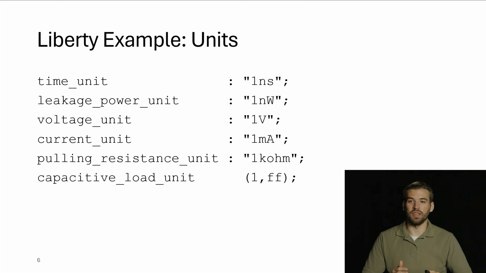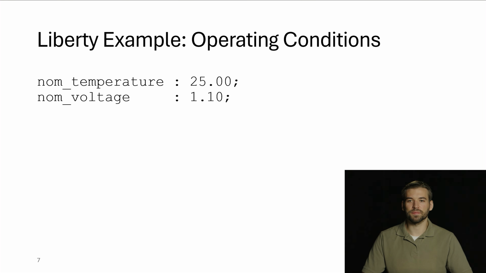We have the leakage power unit, which is one of the primary types of power used in here, and it's in nanowatts. We have voltage, which is volts, the current unit, which is in milliamps, the resistance unit, which is going to be in kiloohms, and then the capacitance unit, which is in femtofarads. You may know a slightly different syntax here, but the distinction is not super important.